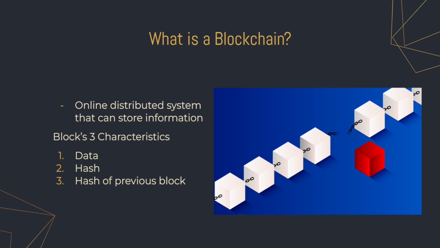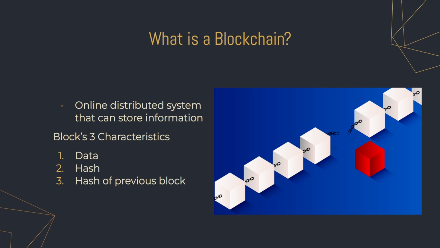To get a better understanding of blockchain, let's break it down. The term blockchain itself comes from how it works and the manner in which it stores data. A block is where information is stored, and it holds three characteristics. Number one, data, which is just another word for information. Two, hash, which is the fingerprint of the block, used to identify each block from another, the differentiating factor.